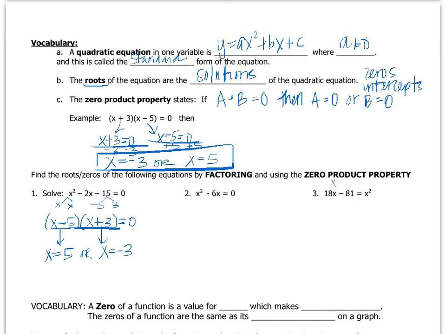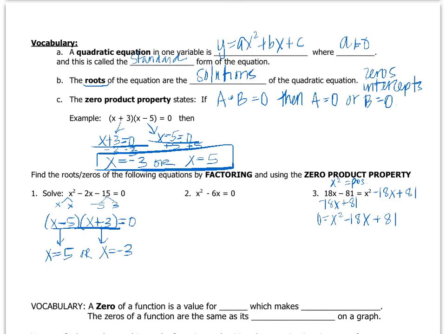You always want x squared to be positive. Okay, so I'm going to move over the 18x and the 81 at the same time. So I'm going to subtract the 18x and add the 81 so that I get 0 equals x squared minus 18x plus 81.